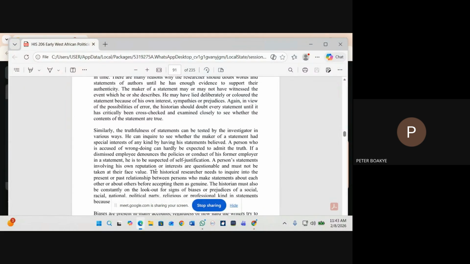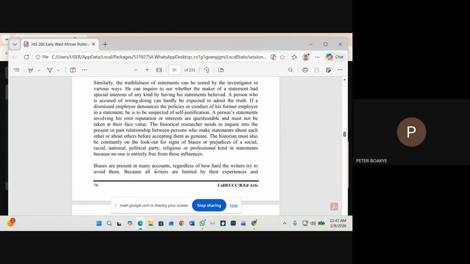The truthfulness of statements can be tested by the investigator in various ways. You can inquire to see whether the maker of the statement had a special interest or not. A person who is accused of wrongdoing can hardly be expected to admit the truth. These are all things we should consider.